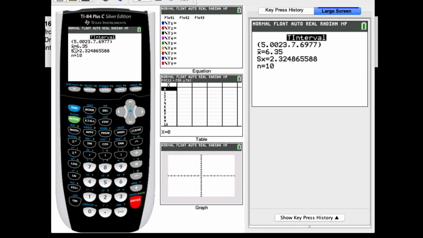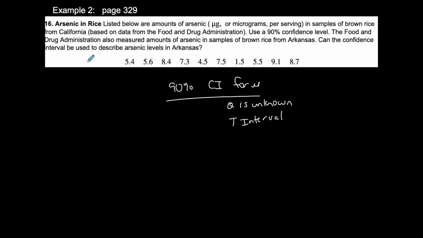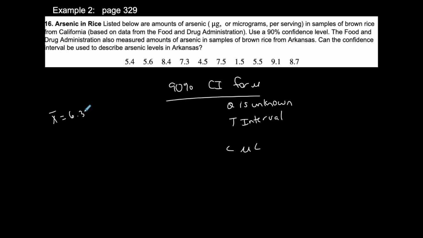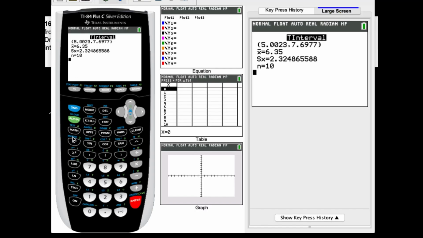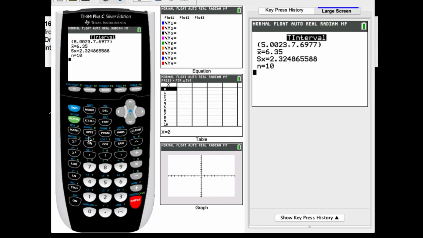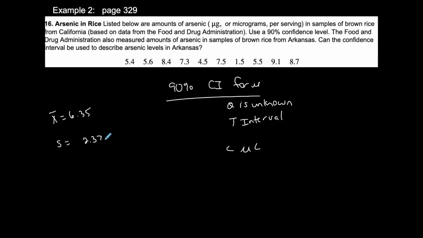The nice thing also is that it gives me the mean of the sample and the standard deviation if I wanted that. So I'm not only given the confidence interval, but I'm also given x bar, which is 6.35, and s x, the sample standard deviation, 2.32 micrograms.